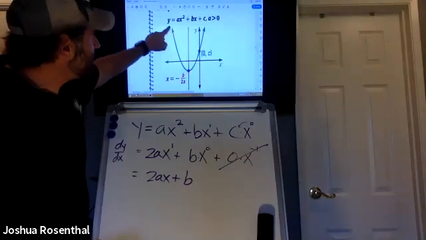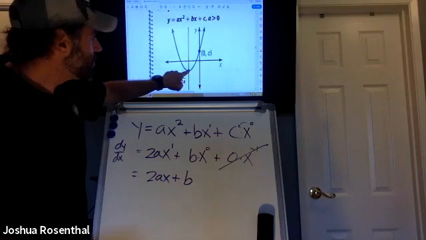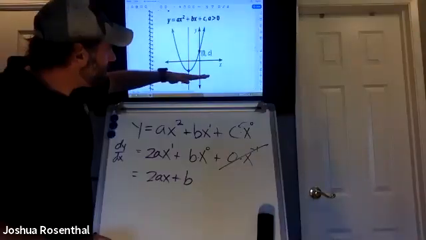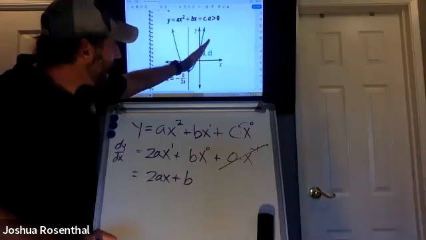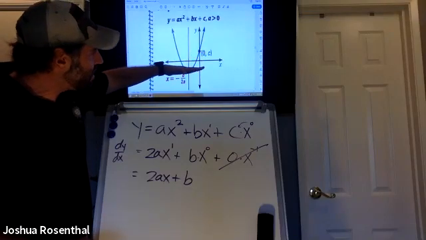Hold on 1 second. What is the slope at the minimum point? 0. By the way, the minimum point is the vertex, always. The vertex slope is the minimum, or it could be the maximum. And what we know is that a tangent line has to flatten out to 0 as it approaches the limit.